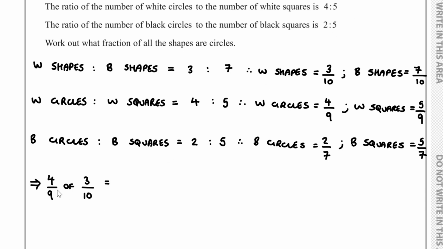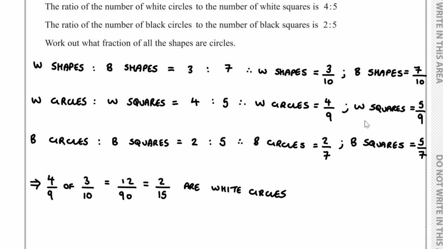So if I actually work this out, I've got 12 over 90, which is 2 over 15. So this is the fraction of shapes which are white circles.